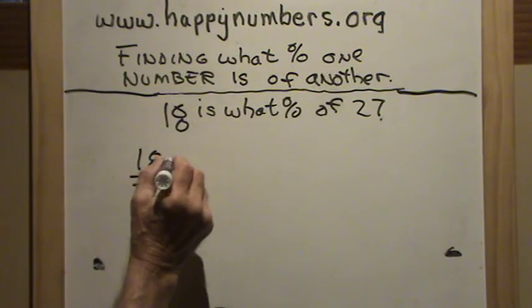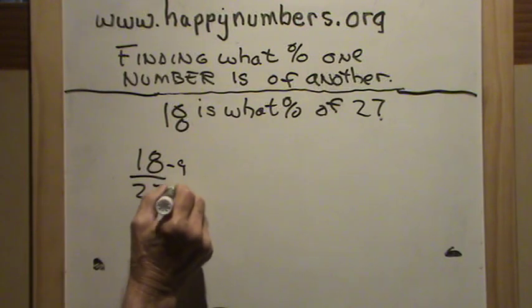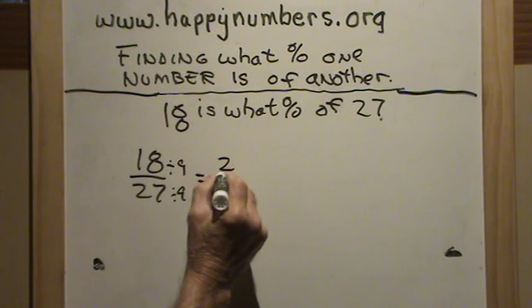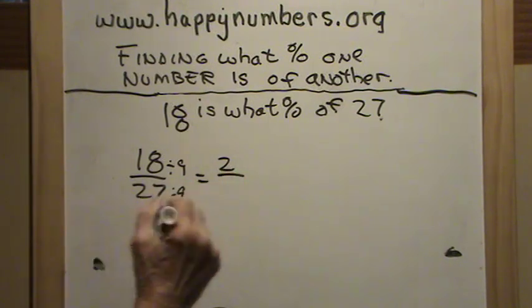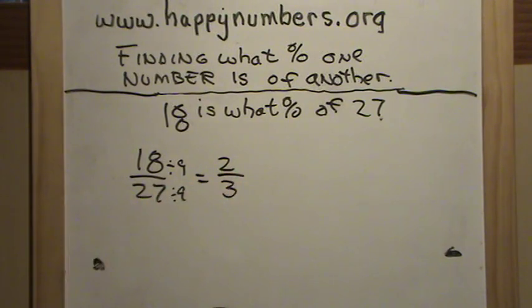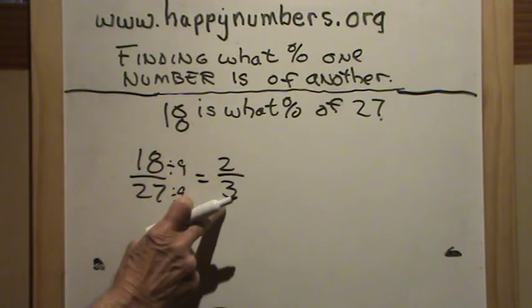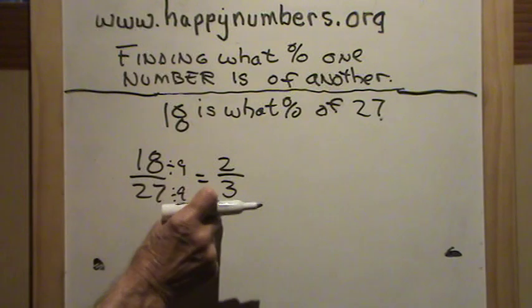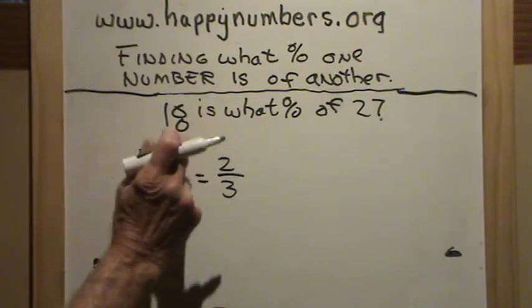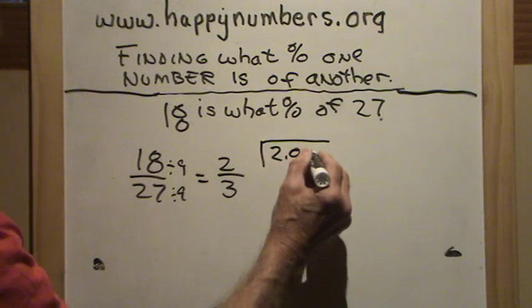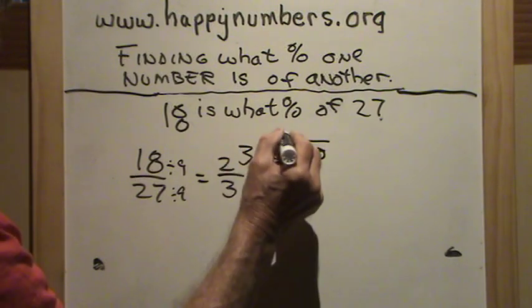We can divide by 9 to reduce, and divide by 9. 9 goes into 18 two times. 9 goes into 27 three times. I'm not going to use the multiplying by 100 method because 3 doesn't go evenly into 100. But I know that this means 3 divided into 2. So I can use long division. Put my decimal up here.